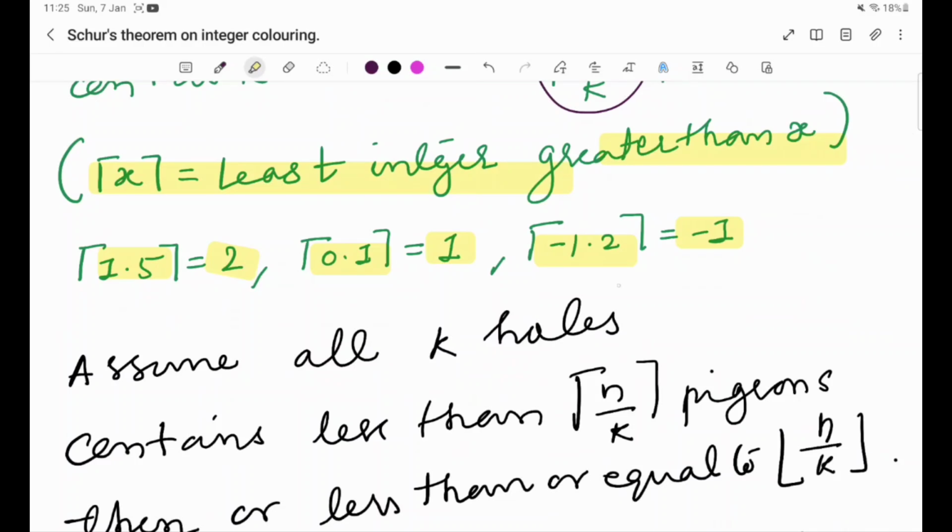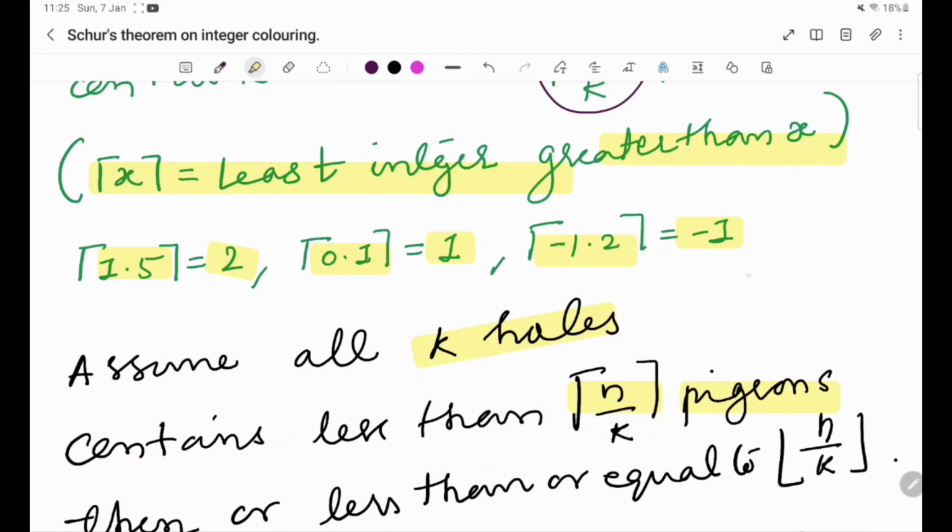Now we have to prove this. Assume all k holes contain less than these many pigeons. What I have to prove is that there is a hole with at least ceiling of n by k. So if I say less than ceiling of n by k, suppose n by k is a fraction, I mean it is not an integer.